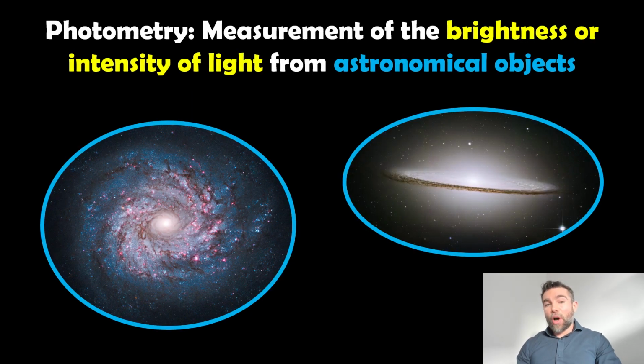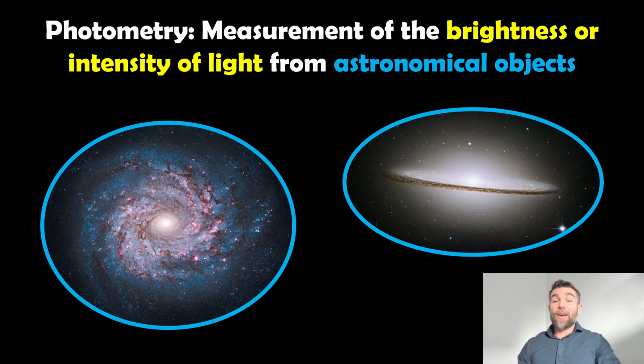So, photometry then. I think I've done some other videos looking at photometry, but that's mostly probably been focused on looking at planets, how we discover exoplanets and things like that. But just to recap, or let you know if you're not aware of what photometry is: photometry is the measurement of the brightness or intensity of light of an astronomical object. So we're basically going to measure how bright the object is.